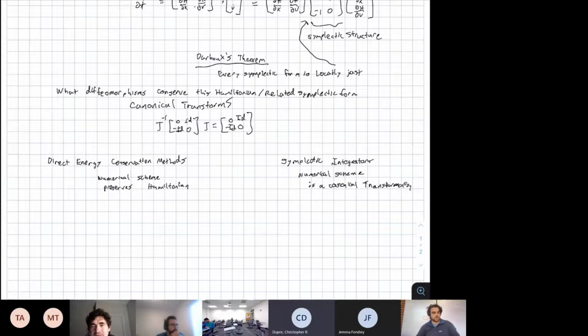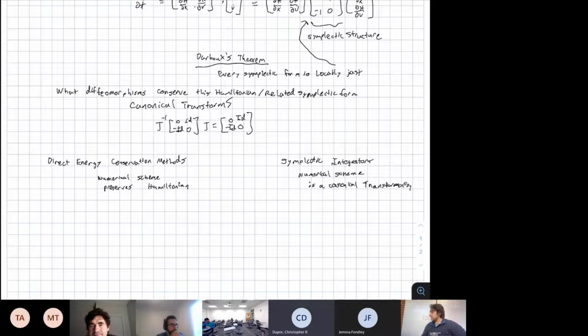That's enough about Hamiltonian systems. I had a quick question about symplectic integrators, just how we define them. Does it have to conserve the symplectic structure identically, or just up to the order of our integrator? No, so when you construct these symplectic integrators, they conserve it exactly. Thanks.